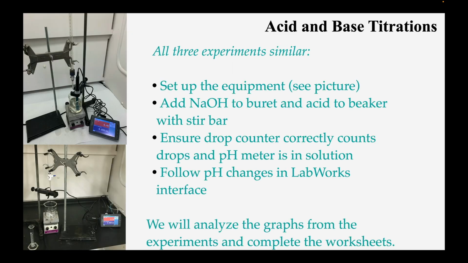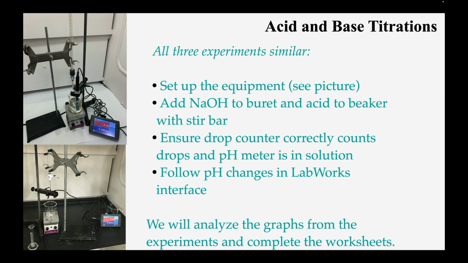Now in this lab, we're going to have some specialized equipment, and the pictures on the left kind of detail what's going on. What we're going to use in this lab is a LabQuest. It's a type of little interface available from a company called Vernier, and you can attach different pieces to it. We're going to add a pH meter and a drop counter.